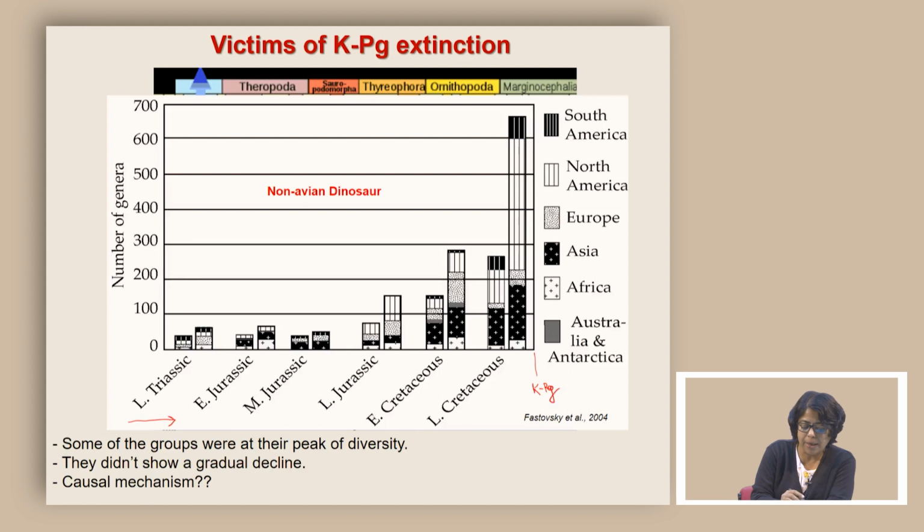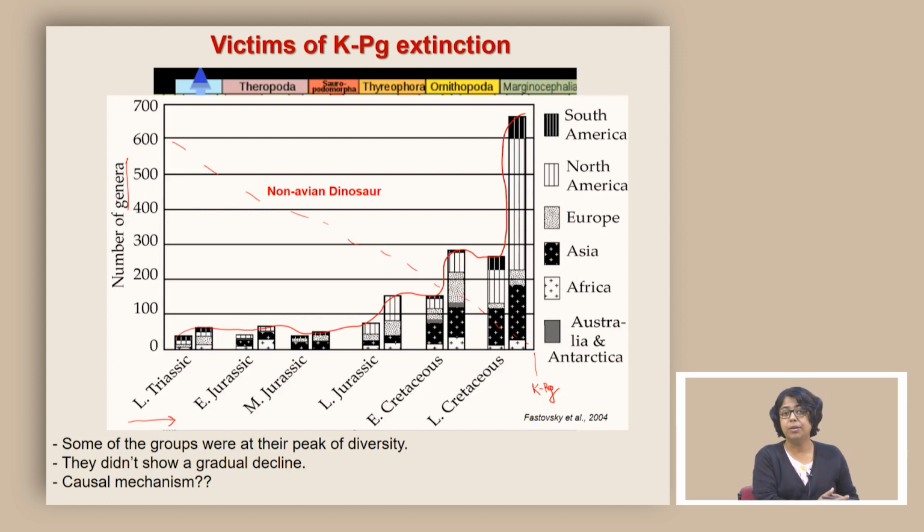Then if we combine the number of genera for non-avian dinosaurs, the total number is actually increasing over time. So, it is not showing any decline. If it were a decline, you would have expected a trend which is like this, but instead what we are finding is an increasing trend in the number of genera that we have. And that shows that this particular group was not showing any gradual decline before it went extinct.